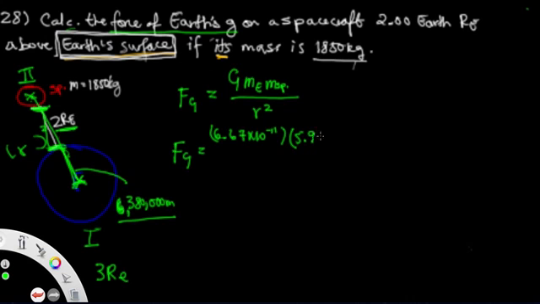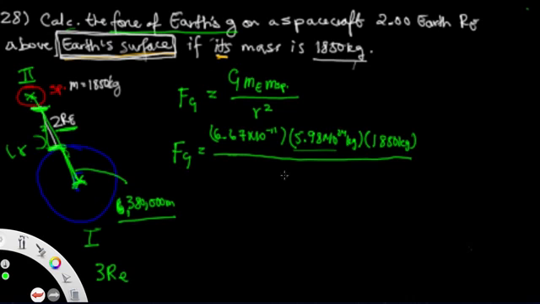The mass of the Earth is 5.98 times 10 to the power of 24 kilograms. So this mass times the mass of the spacecraft. Well, they give us the mass of the spacecraft. It's 1,850 kilograms. This whole quantity divided by our radius squared.